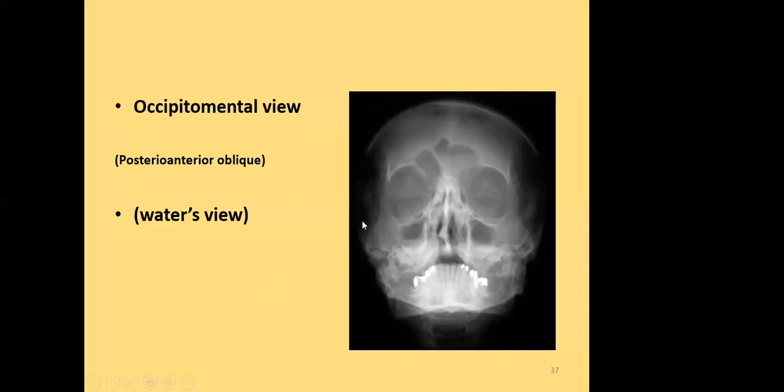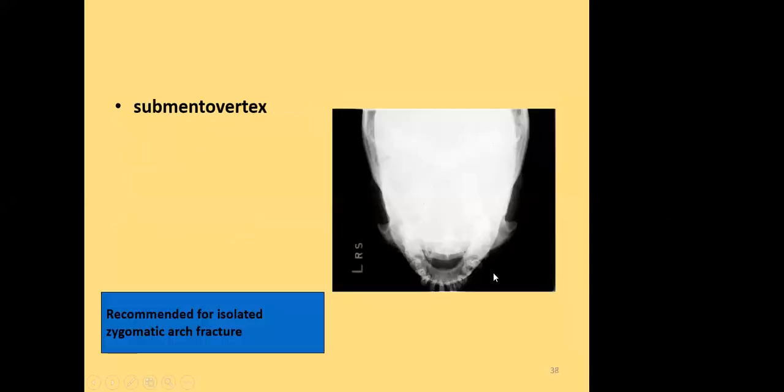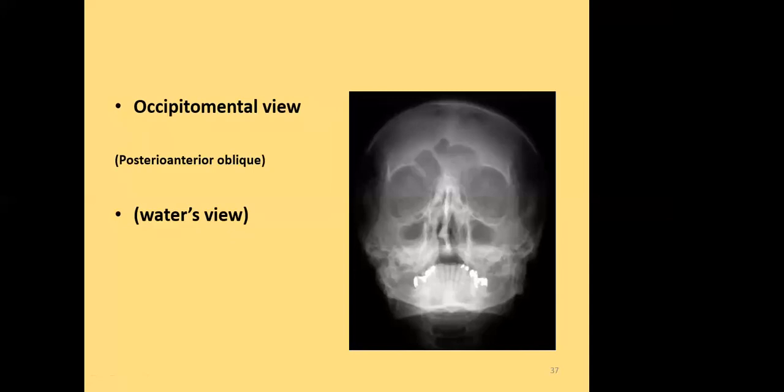Now the Waters view, you can see what it is going to give you. Here you'll be able to see the orbital rims very well, the nasal septal bones very well, these sinuses, and some components of the maxilla, and a little bit of the mandible.